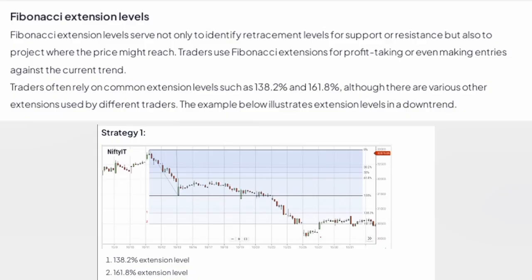Traders use Fibonacci extensions for profit taking or even making entries against the current trend. Traders often rely on common extension levels such as 138.2% and 161.8%, although there are various other extensions used by different traders. The example below illustrates extension levels in a downtrend.